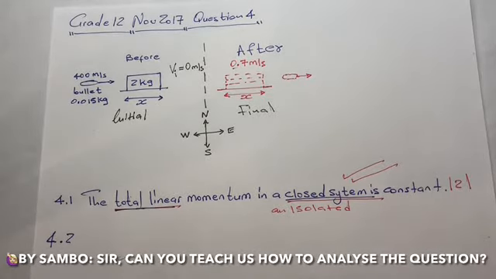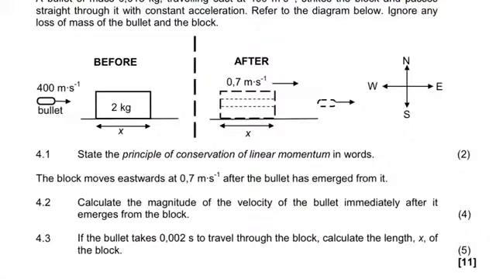The question says, calculate the magnitude of the velocity of the bullet immediately after it emerges from the block. Before we go any further, it's very important that you understand the question, meaning you should know exactly what you are required to calculate.